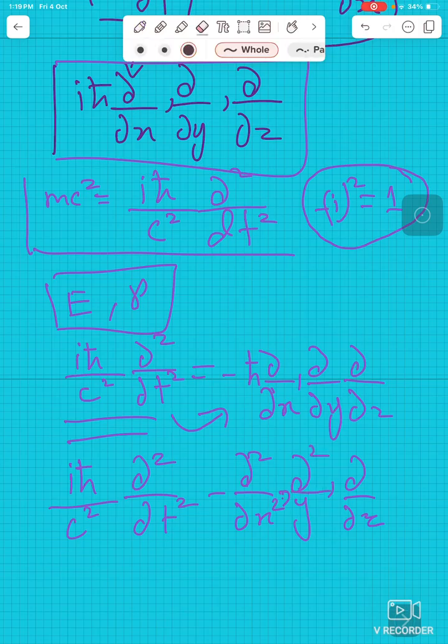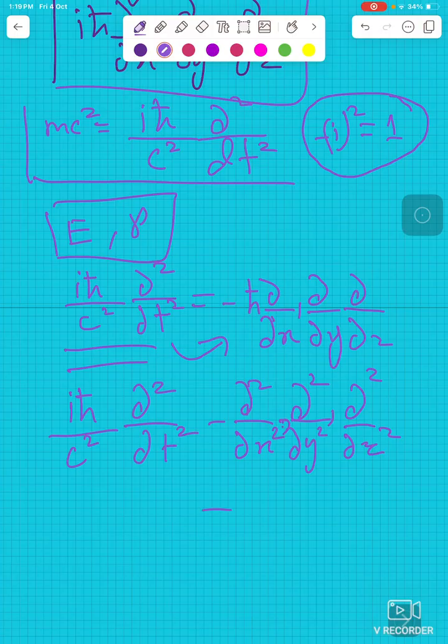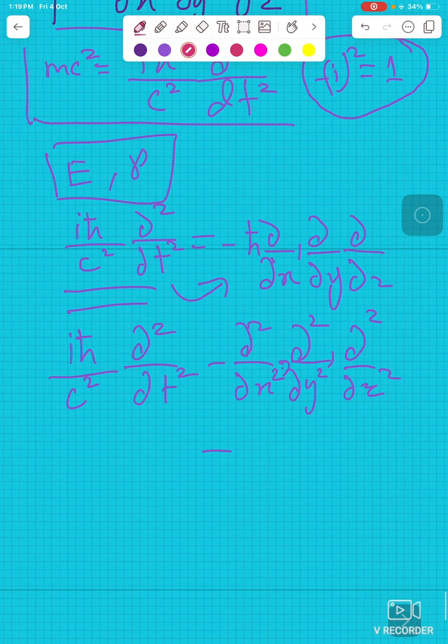Wait, why didn't I add d? d of dz square. And I can then set it equal to 0. Here h is not required. So then, h bar is required, damn it.